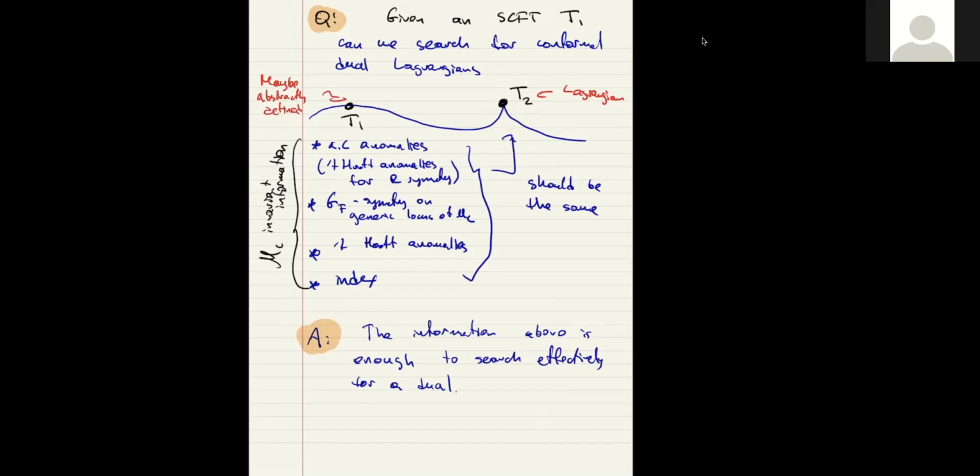Just for the example you gave, assume T1 is N=4 super Yang-Mills and T2 is N=4 super Yang-Mills, so SU(N) or quotient Z_N. If T1 is in the free limit, what is T2?